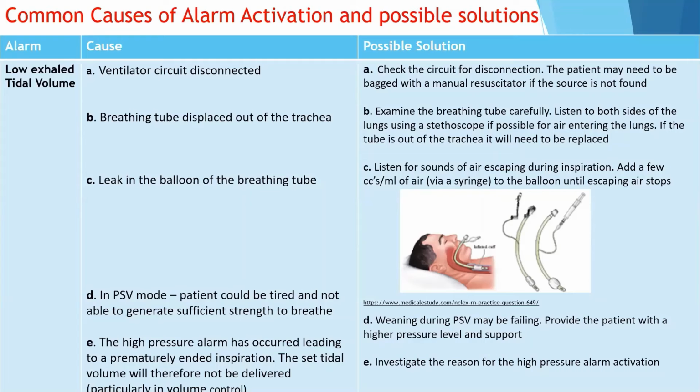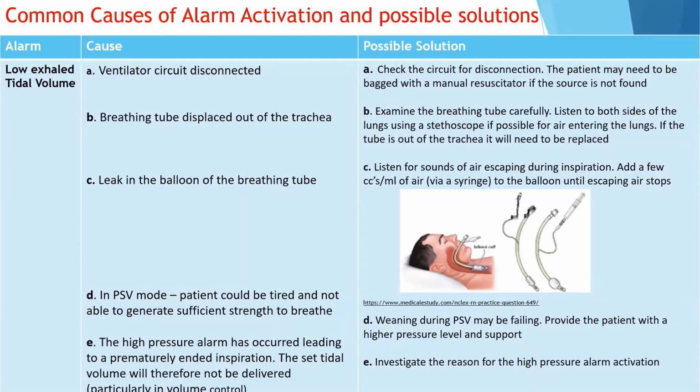There could be as well a leak in the balloon of the breathing tube. Listen for sounds of air escaping during inspiration. Add a few cc's or milliliters of air via a syringe to the balloon until escaping air stops.